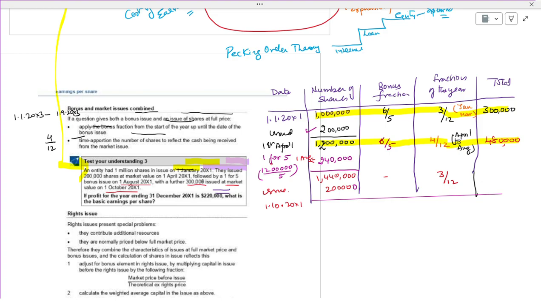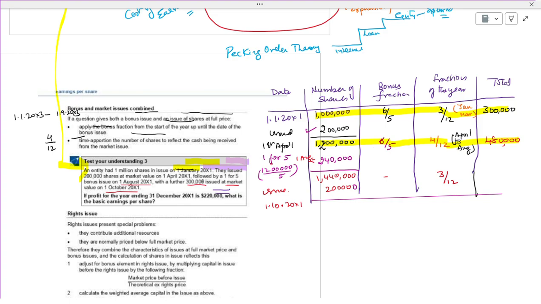Total how many months are there? 7 months. That is the reason we have taken the fraction as per the rule. If you take only 6.5 here, just imagine, you are ignoring the first one. We cannot do that.